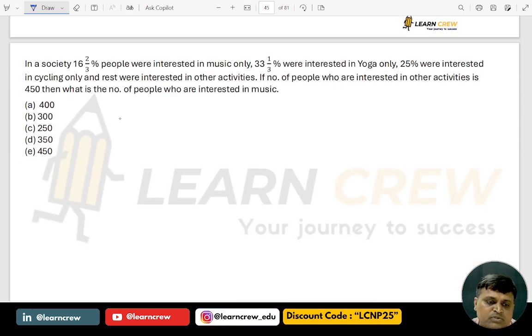Next, in a society, 16 2/3 percent of people were interested in music only, 33 1/3 percent were interested in yoga only, and 25% were interested in cycling only, and the rest are in other activities.